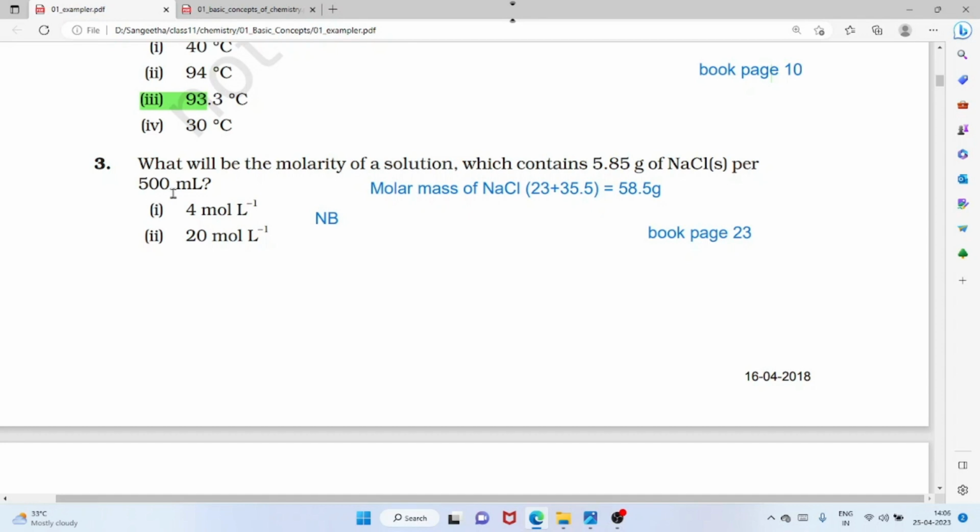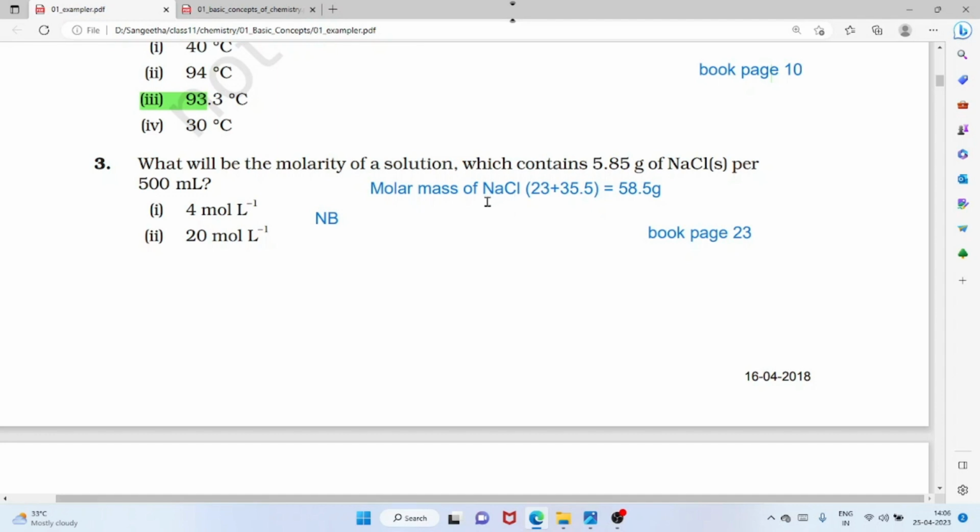500 ml? Okay, see, molarity is the number of moles of the solid divided by the volume of the solution in liters. Volume of the solution in liters you have to see. So here, the molar mass of NaCl. See how to compute molar mass.